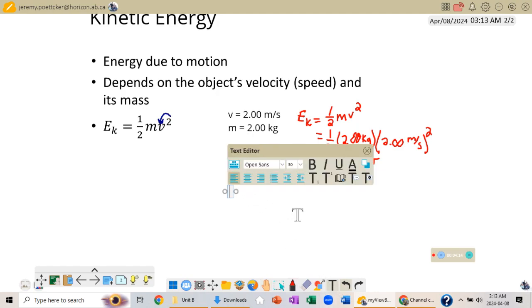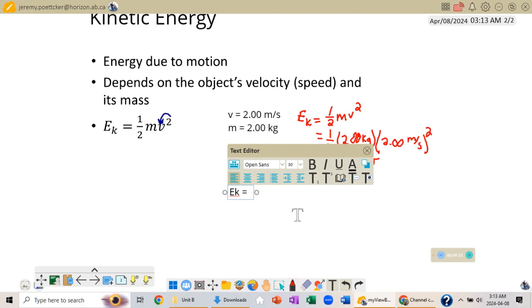Another type of example. In this case, we're given EK. Now, just so you know, sometimes you're going to see textbooks say that kinetic energy is KE. Totally fine. I prefer EK as in energy kinetic.